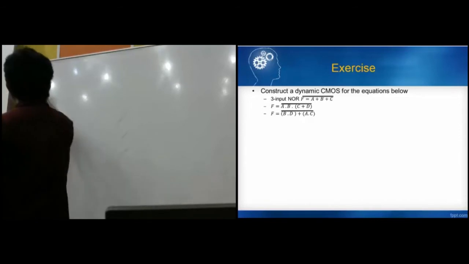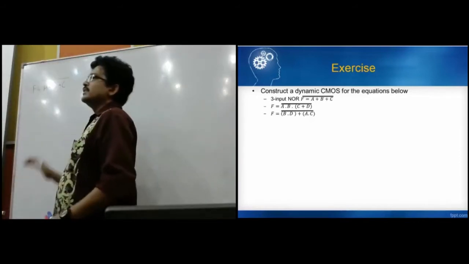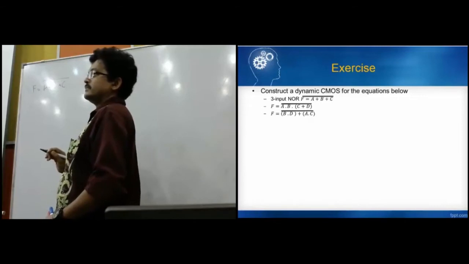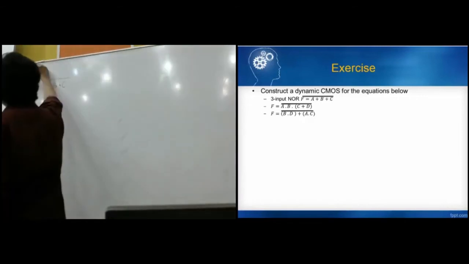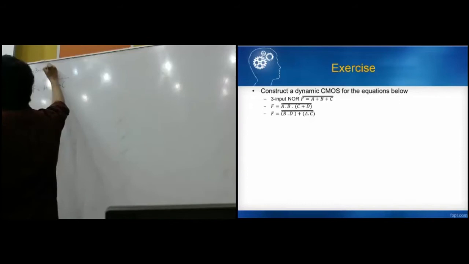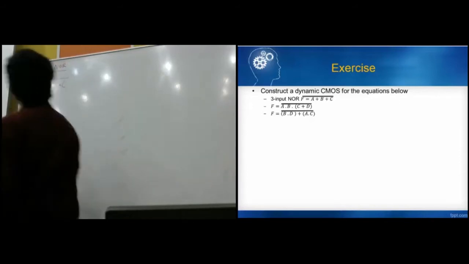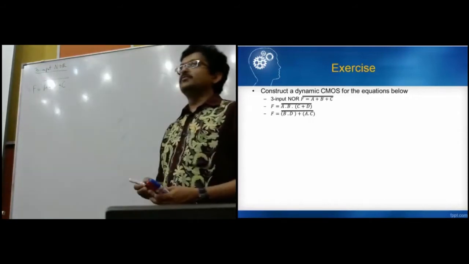So we have R is equals to A plus B plus C. Secara ringkas ni, ini adalah okay, there are 3 input now.